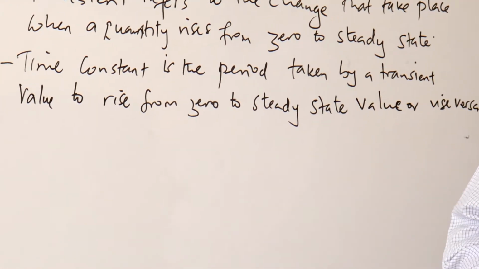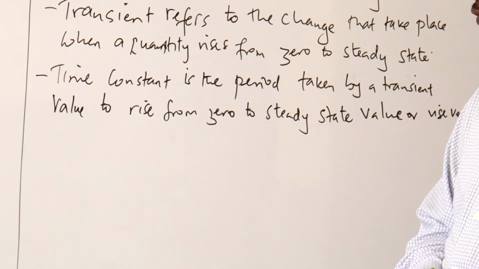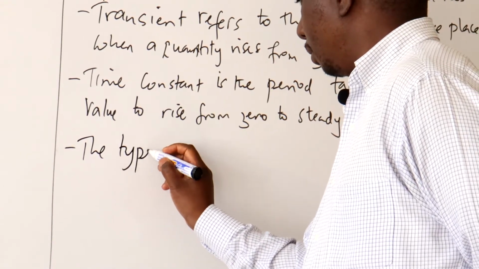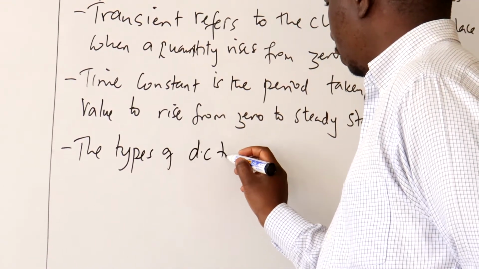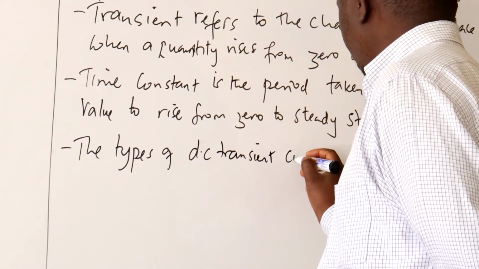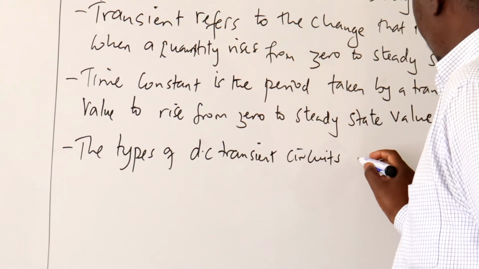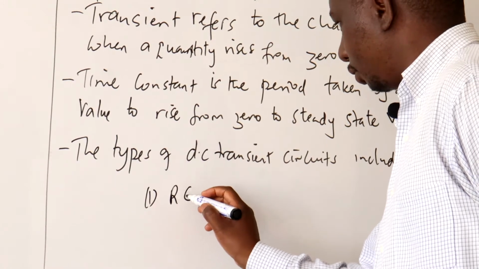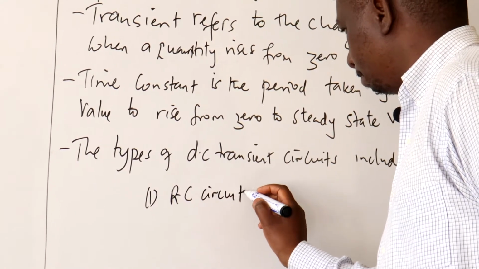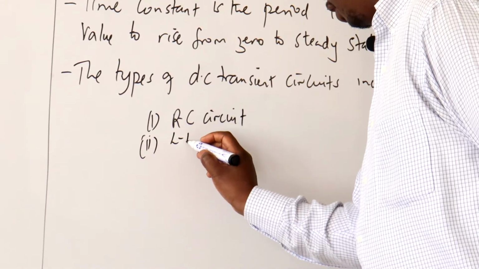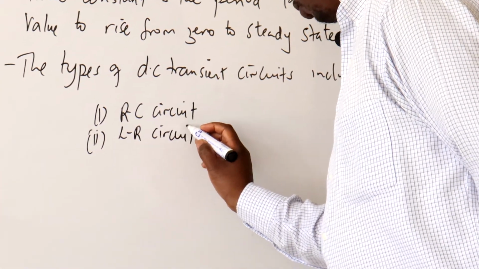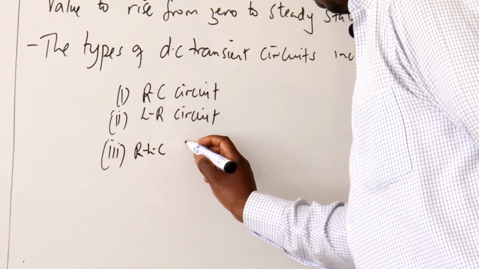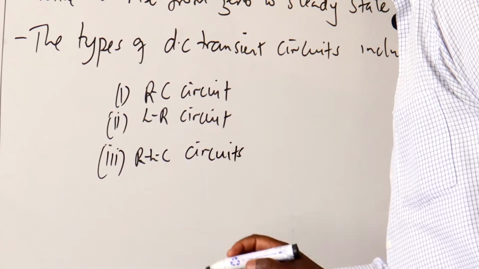From there, we are going to be talking about the types of DC transient circuits. They include: Roman 1, RC circuits; Roman 2, LR circuits; Roman 3, RLC circuits.